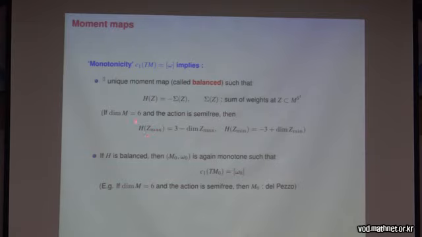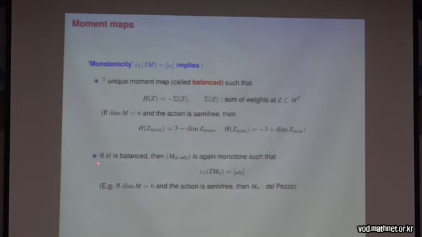So by this equality, H of Z max should be 3, and this equals 3 minus the dimension of Z max. So anyway, the first statement says that if we assume monotonicity, then we can read off the moment map value in terms of the weights of the fixed point, and vice versa.